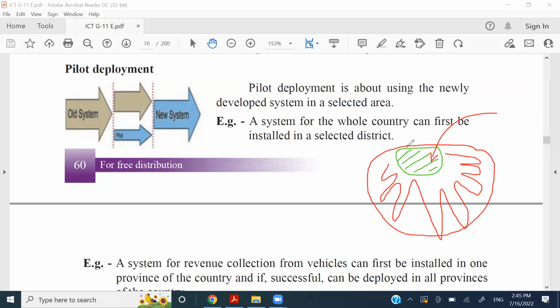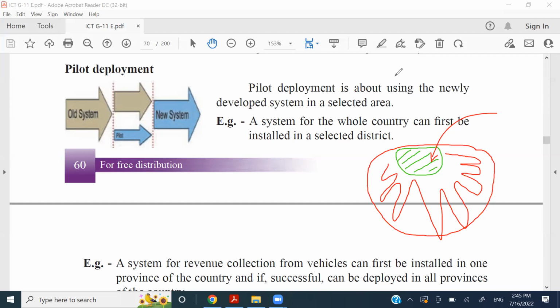If the primary section gives good feedback and they are satisfied with the system, later they can apply that system to the secondary section as well. So in the pilot deployment, we run it on a specific area or department of the organization. Once we are satisfied with it, we apply it to the entire system. This is called the pilot deployment.